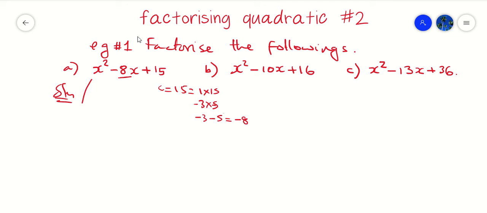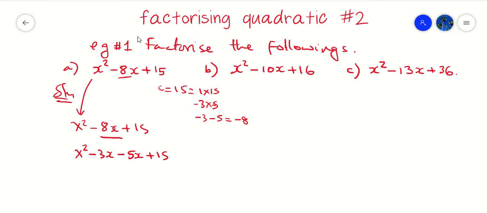Kwa hiyo nikiandika nitapata x square minus 8x plus 15. Nikisplit the middle term minus 8x nita replace with minus 3 minus 5, ambayo itakuwa ni x square minus 3x minus 5x plus 15.